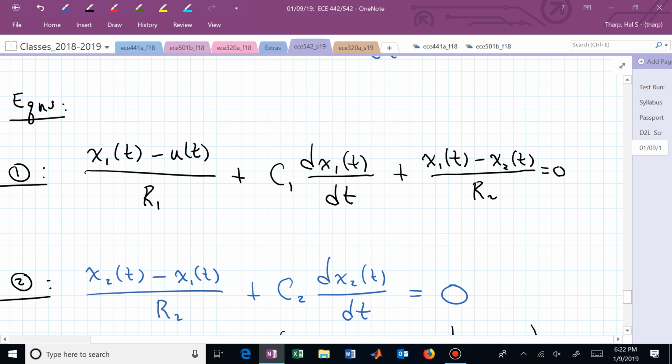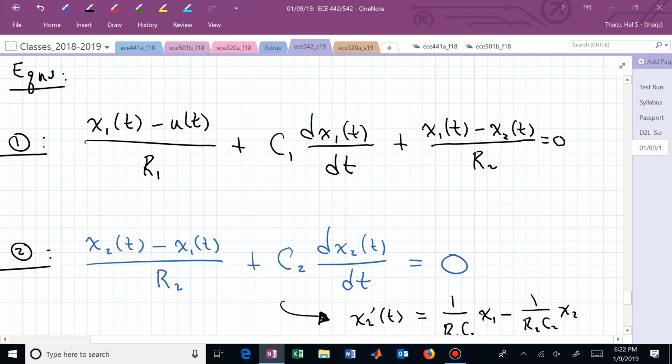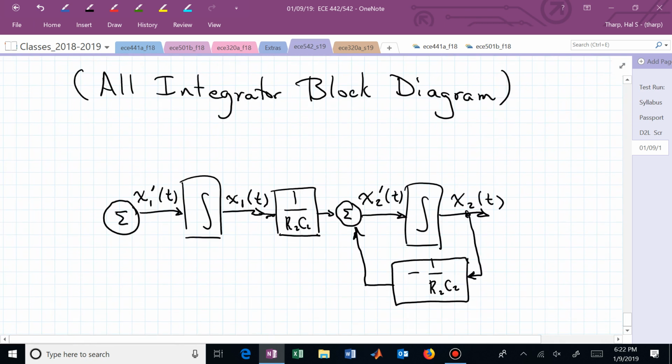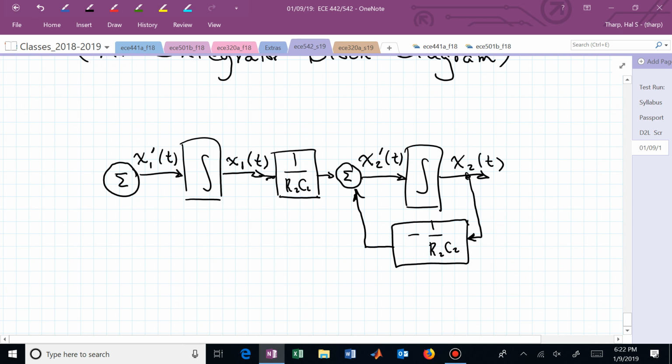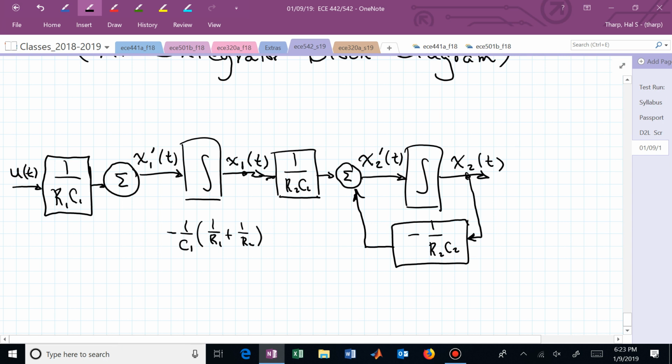If we put all of those pieces together, and this is something you can check at home tonight, now you have 1 over r1c1 scaling u of t. We have something weighting x1, and that something is minus 1 over c1 times 1 over r1 plus 1 over r2.